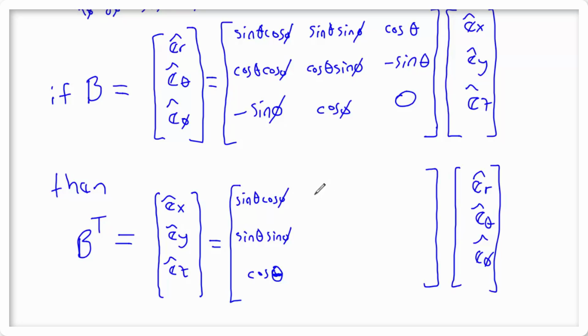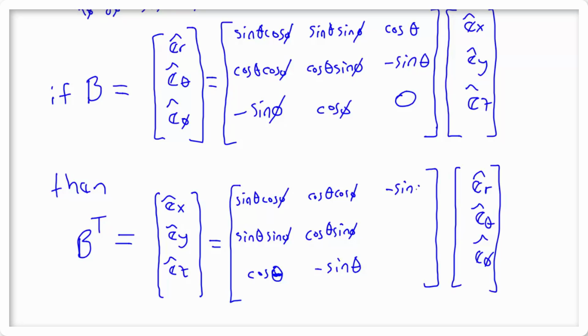Cos theta cos phi, cos theta sin phi, minus sine theta. Finally, I make my last row in the last column.